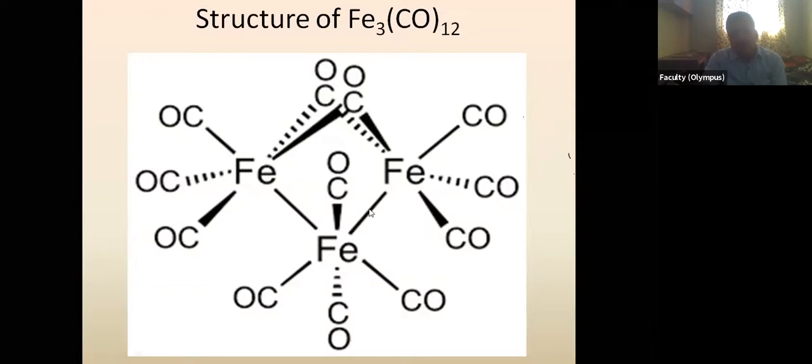Two carbonyls are acting as bridges and the remaining 10 carbonyls are terminal carbonyls. For this one you simply have to draw the structure. If the structure of Fe3(CO)12 is asked, you only need to draw it; there is no need to give the orbital diagram or description.